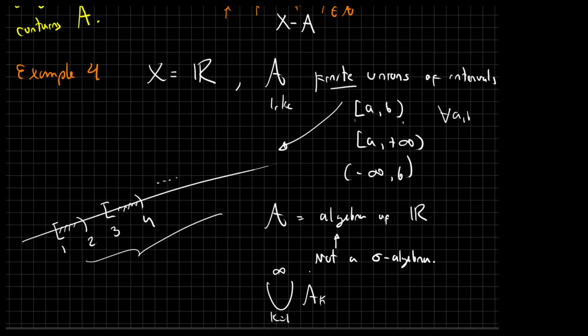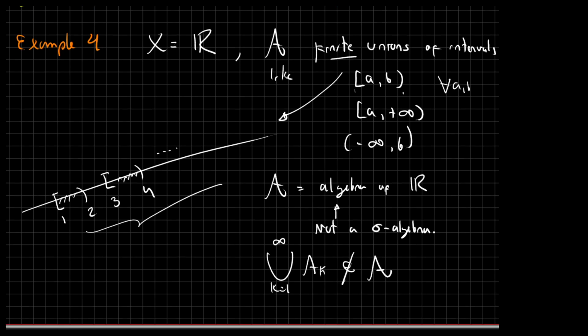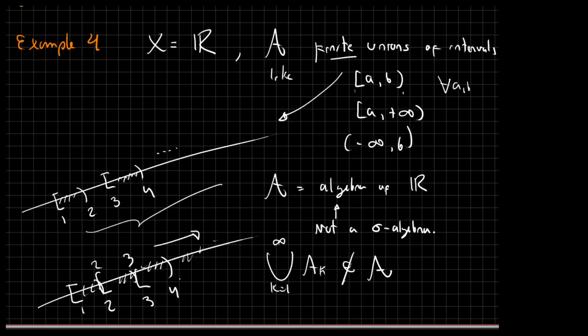So these countable unions are not necessarily in A. Of course, some of the countable unions will be in A. For instance, if you have another example, 1 and 2, and then the other one is 2 and 3 like this, and the other one is closed, open, 3 and 4, and you have this countable infinite union, then this union will be equal to the set here that is of course an element of the algebra.